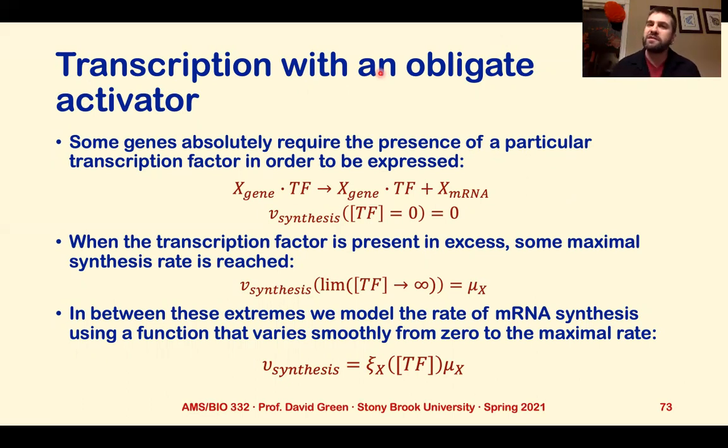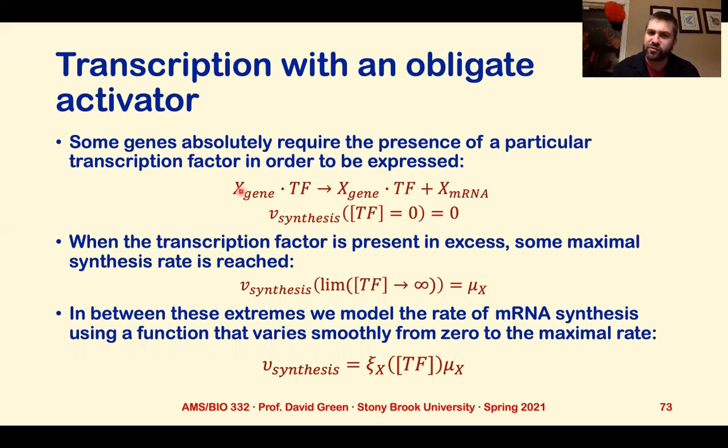We're going to focus first on the obligate activator case, the case where when the transcription factor is not present, the rate of synthesis is 0. Right? So under conditions where the transcription factor is not present, we have a 0 rate.